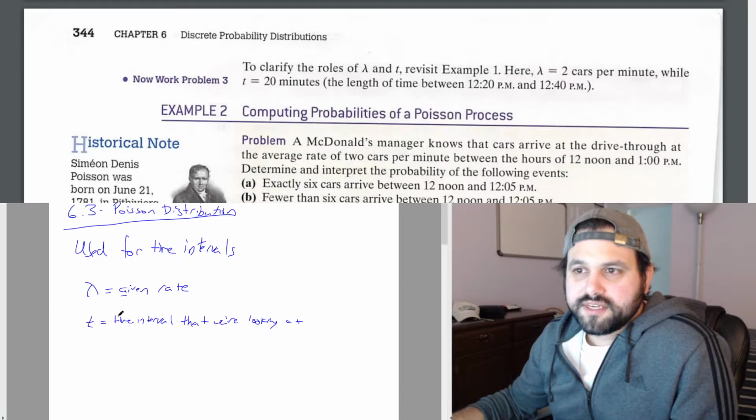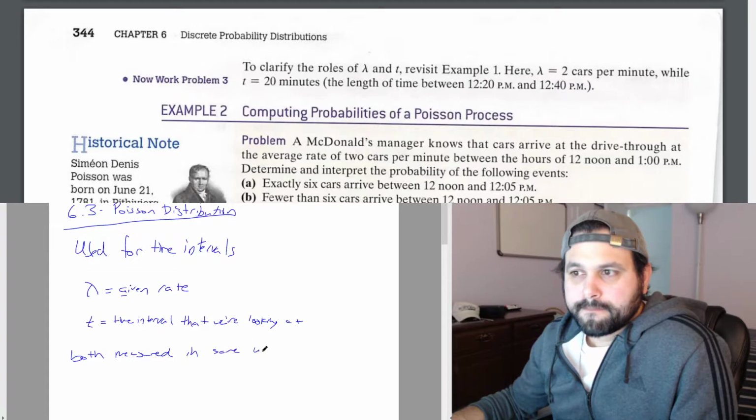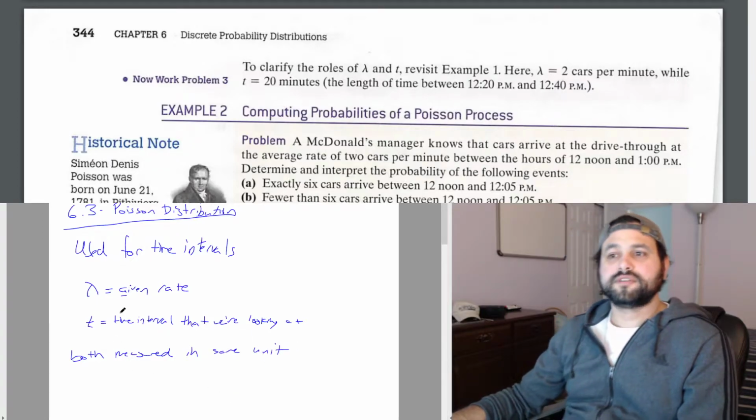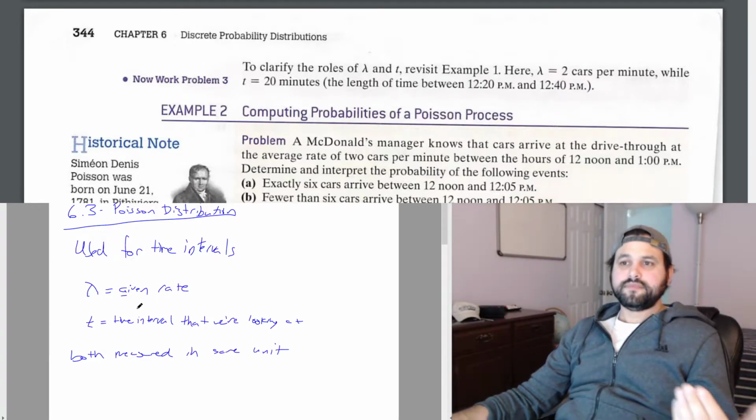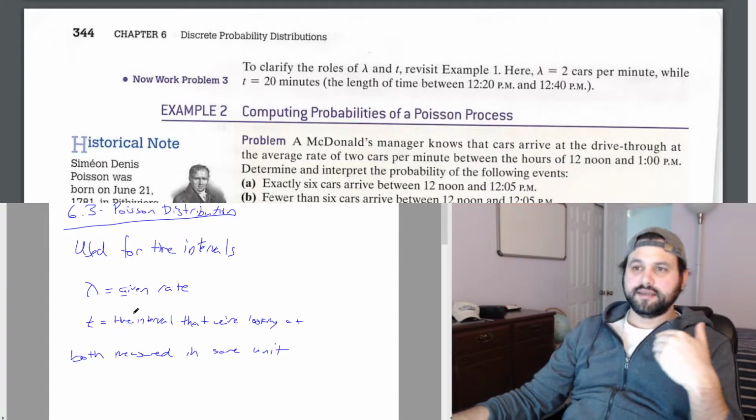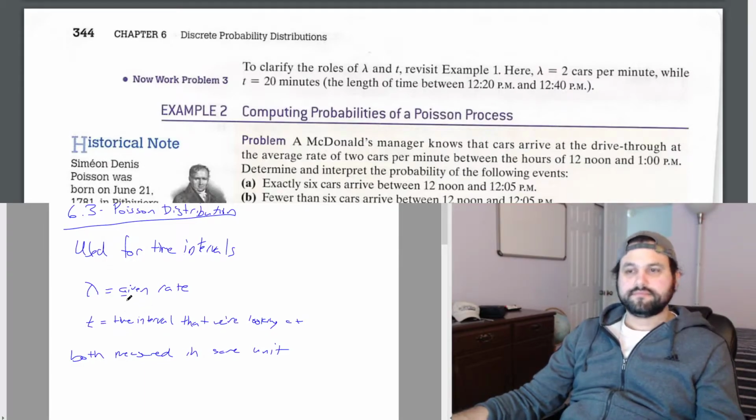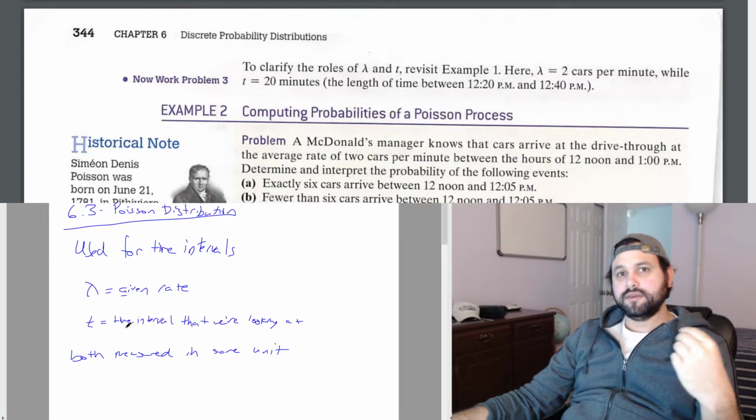Now, both of these have to be measured in the same unit. For example, if the given rate is cars per minute, then the time interval has to be minutes. If it were cars per hour, then the time interval would have to be in hours.